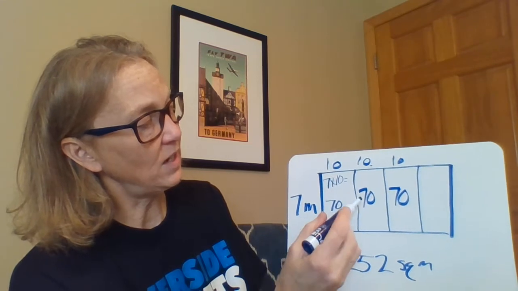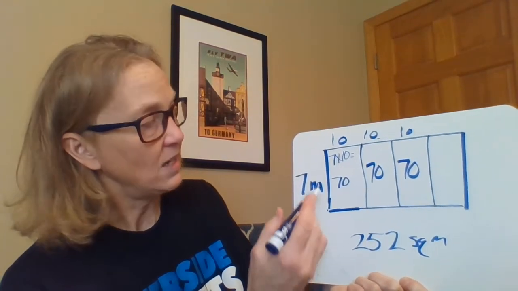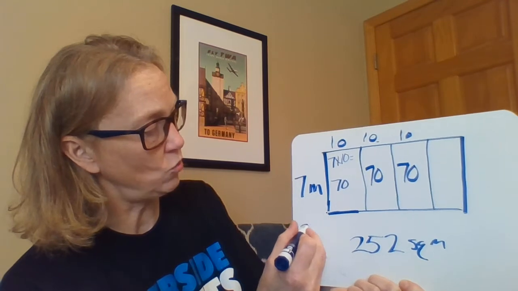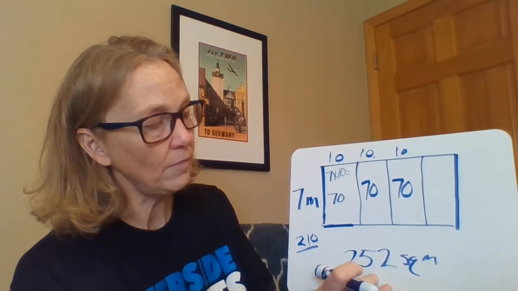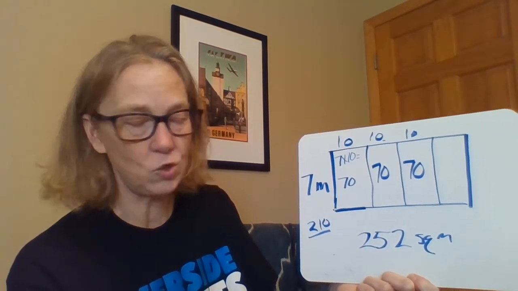So I have 70 plus 70 plus 70, which is now 70 times 3, and I might want to write this off to the side, 70 times 3 is 210. And that's really, really close to this number. So from here, I want to know the difference between 210 and 252.